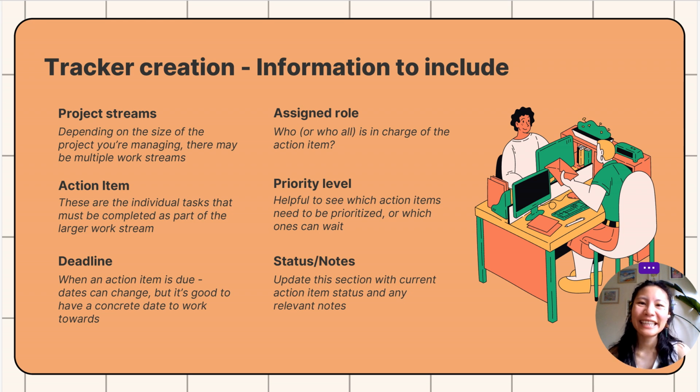And the next thing to include, which is very, very important, I would encourage you to always have an assigned role. This is just who or who all is in charge of an action item.